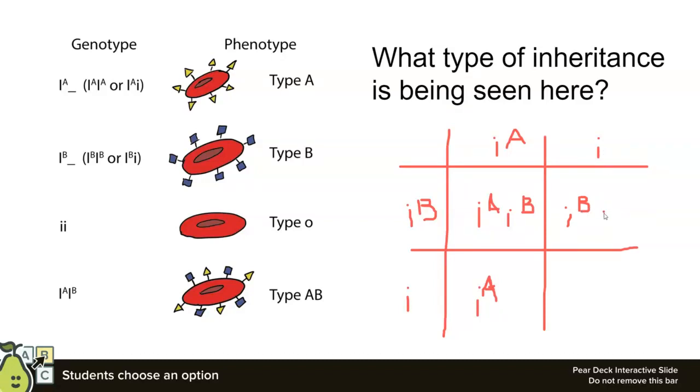Now the last thing that I need to pull down is little i, and over. I need to pull over little i. So let's look. This offspring, 25% chance of having type O blood. So that's this one right here. I have a 25% chance of having type A blood.